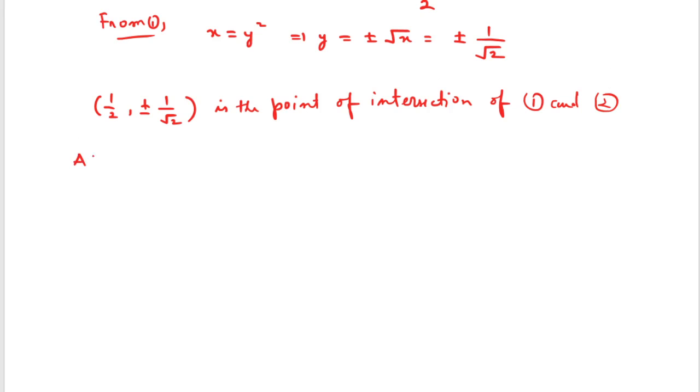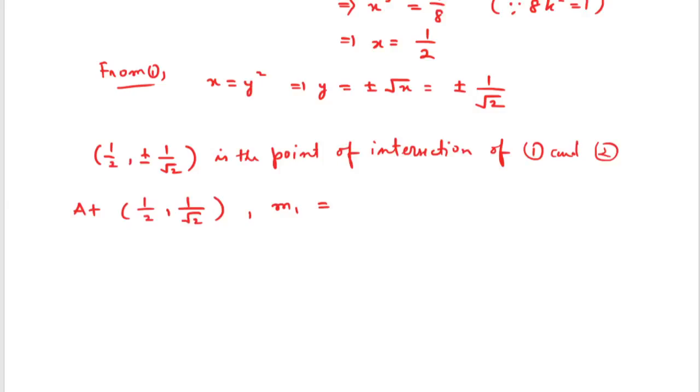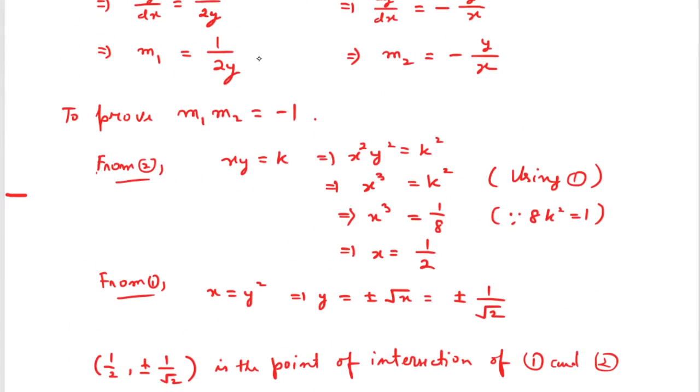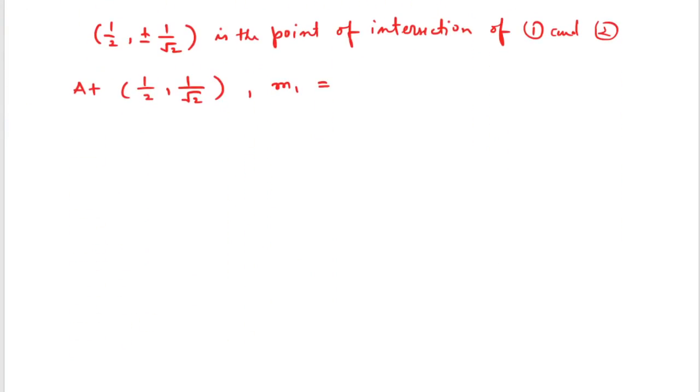Now let's find the value of m1 and m2 at these points. So this is nothing but two points. Let's first take the point with y equal to plus 1 by root 2. My m1 was 1 by 2y, so if I put in place of y, 1 by root 2, this will be 1 by root 2.